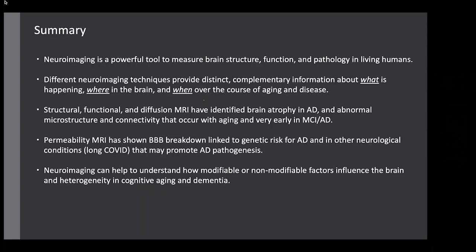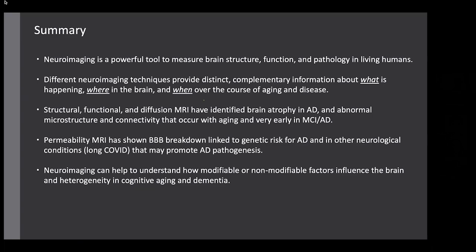And so to summarize, hopefully today you've learned that neuroimaging is a very powerful tool that allows us to measure brain structure, function, and pathology in living humans. Different neuroimaging techniques provide complementary information about what is happening, where in the brain, and when over the course of aging and disease.